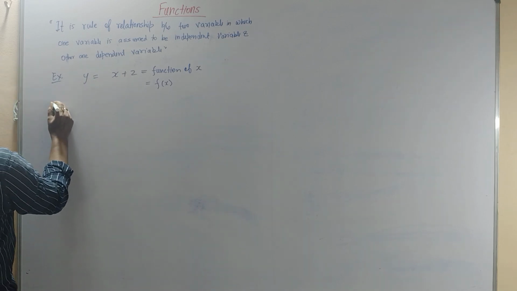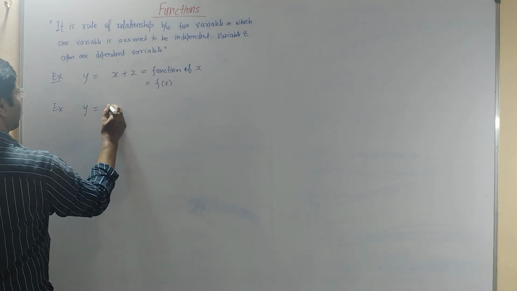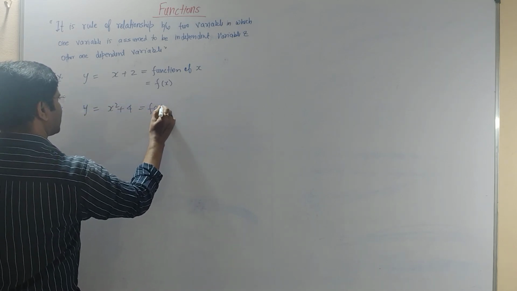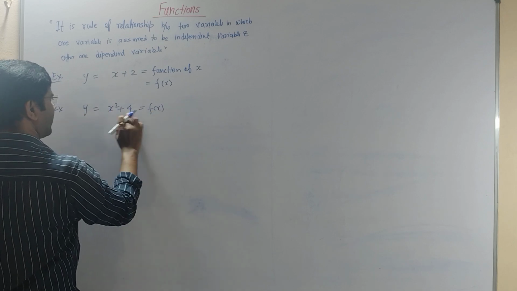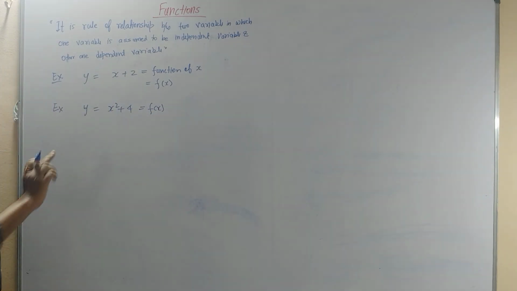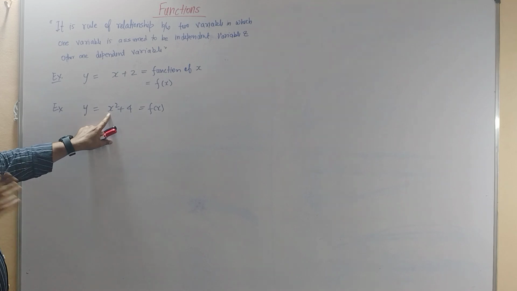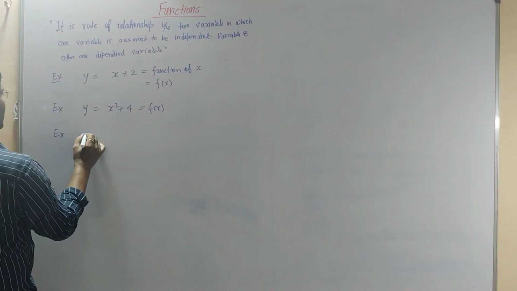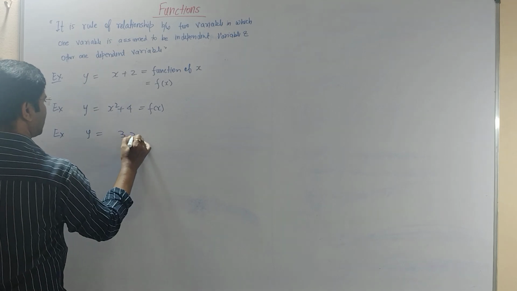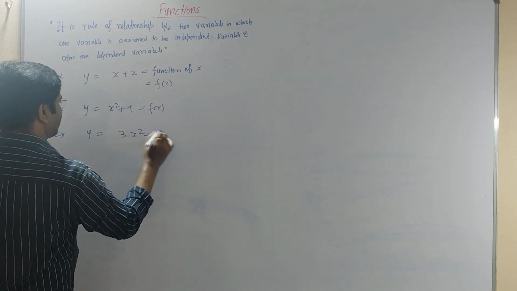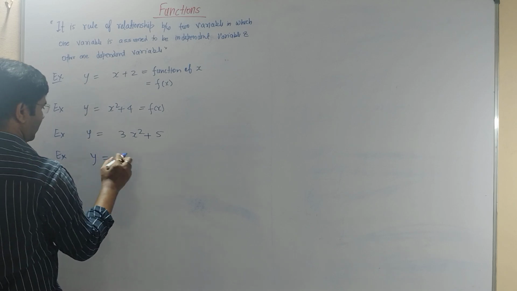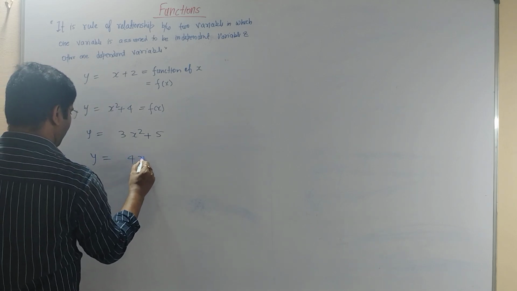Another example, let's say I am saying y equals x square plus 4. So this is again a function of x, y equals f(x), which is equal to x square plus 4. So this is again an independent variable and a dependent variable. We can write anything, like y equals, let's say, 3x square plus 5, or anything like y equals, let's say, 4x.